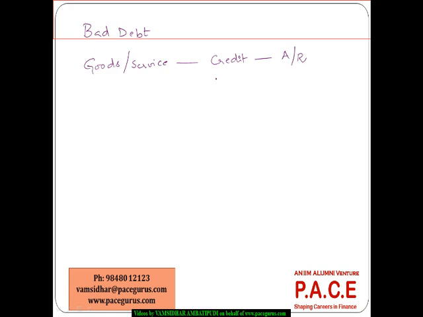And in some cases, we even have a warranty. Even if I have gone for a cash purchase or cash sales, there could be a warranty on the product. Because of this, some portion of the money may not be collected even in the credit sales, or some portion of the goods might come back.